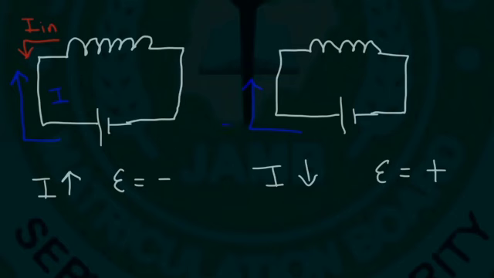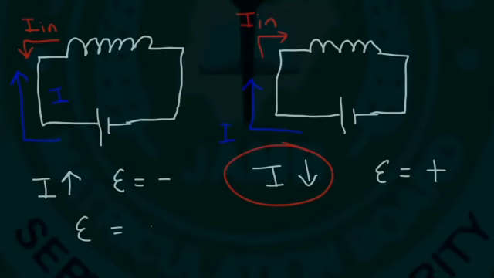The regular current is flowing clockwise, and the induced current will be in the same direction as the decrease in current, and so the induced current will be clockwise. So anytime the current of a circuit is increasing, the induced current will be opposite to the direction of that current. If the current is decreasing, the induced current will be in the same direction as the main current in the circuit.